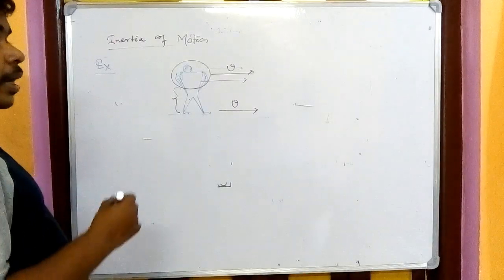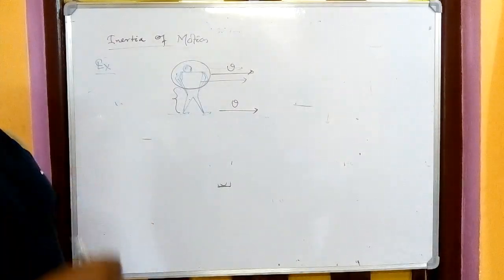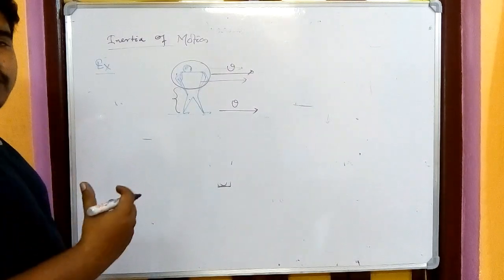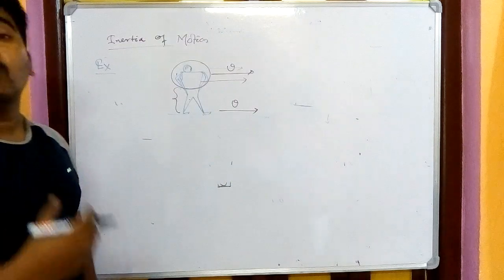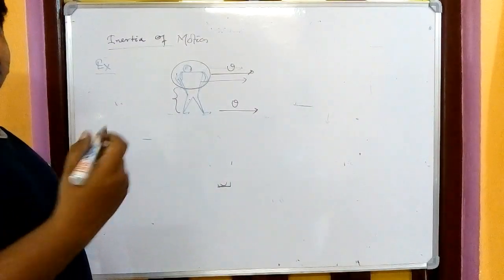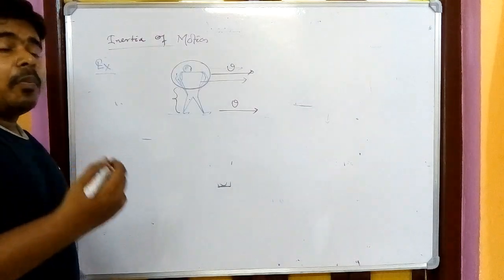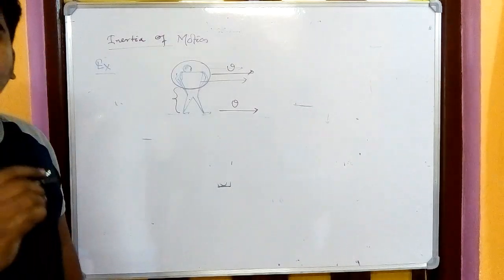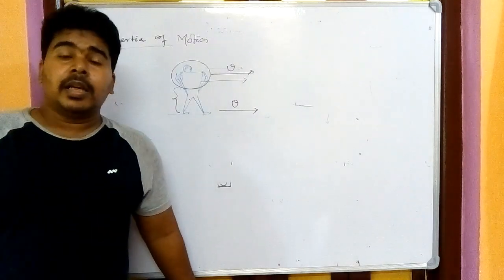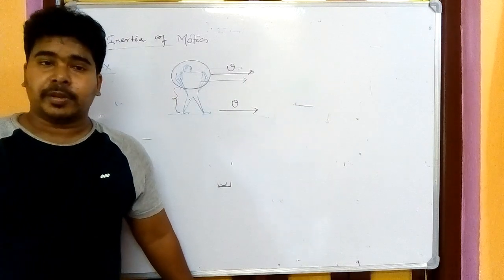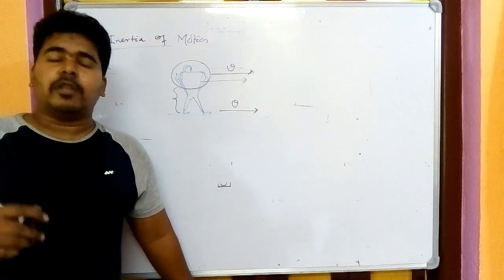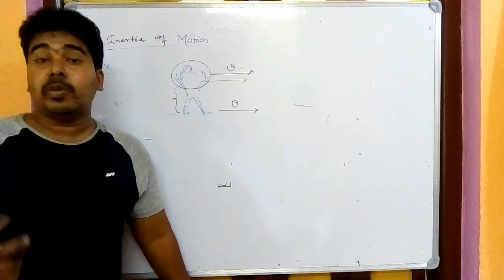The reason is that as the bowler runs, the ball with the bowler is also moving with the same speed as the bowler. When a bowler runs, the ball is also moving with the same speed, and that's why the ball is in inertia of motion. So whenever you throw the ball, the velocity or speed of the ball will be more.